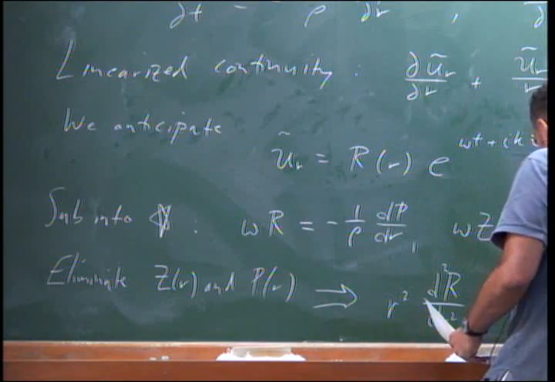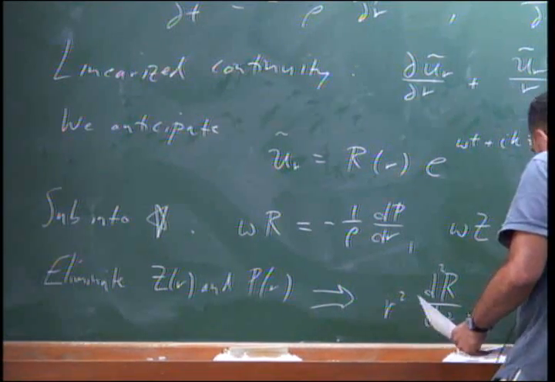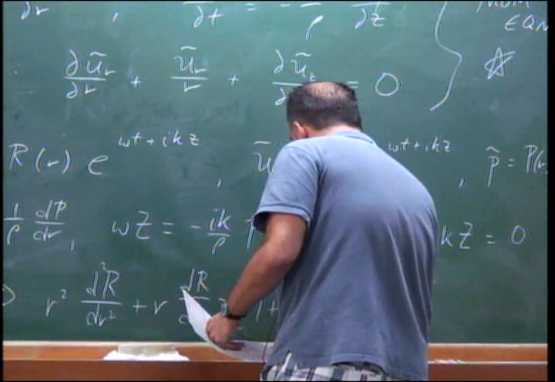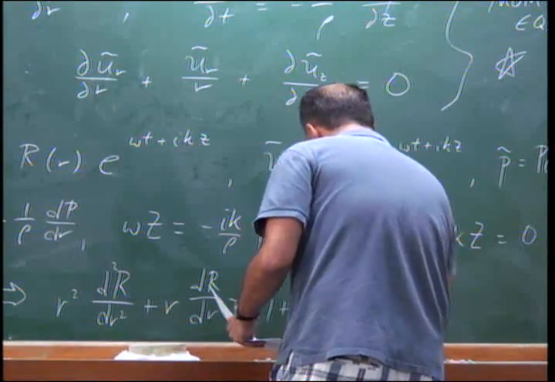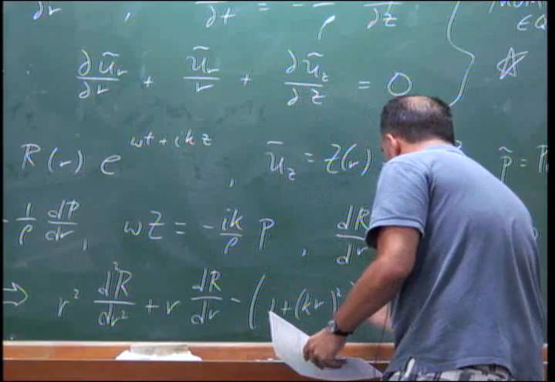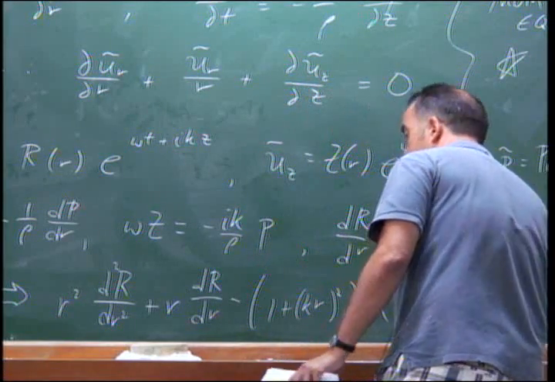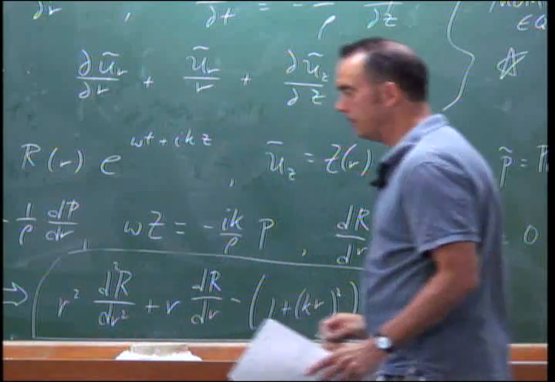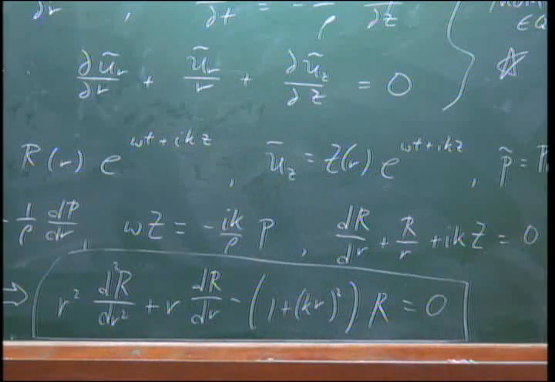And happily, we get an equation which we all recognize. Okay, so that's our equation for the R dependence of the velocity.